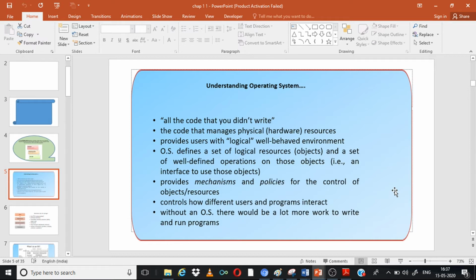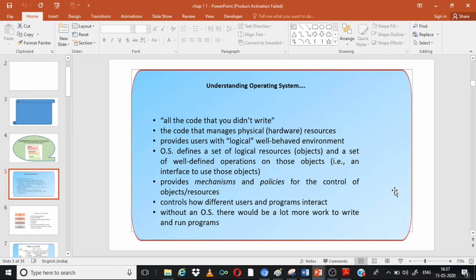Now, what is an operating system doing, or what is it all about? It is all the code that we did not write. The user need not know, or need not be worried about, what happens at the back end. It consists of all the code which manages the resources. It provides the users with a logical, well-behaved environment without thinking of how it is happening, at what speed it is happening.